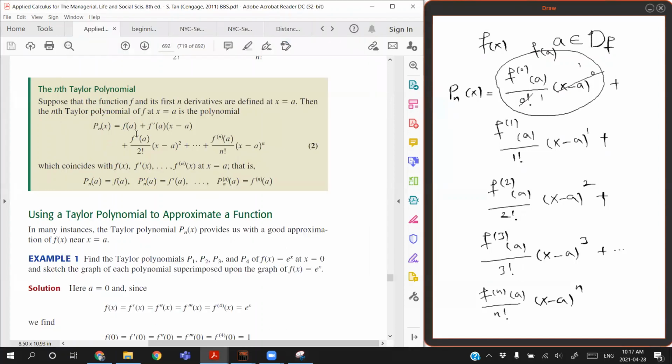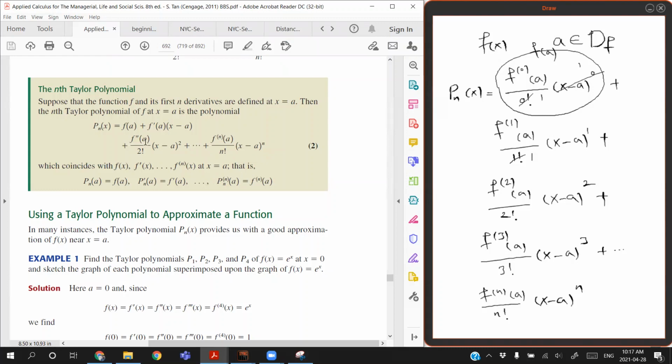It begins with f of a. And then the second one can also be simplified a little bit because 1 factorial is simply 1. Yes. So you get the first derivative of the function at a times (x minus a). Then the rest of them cannot be simplified much.